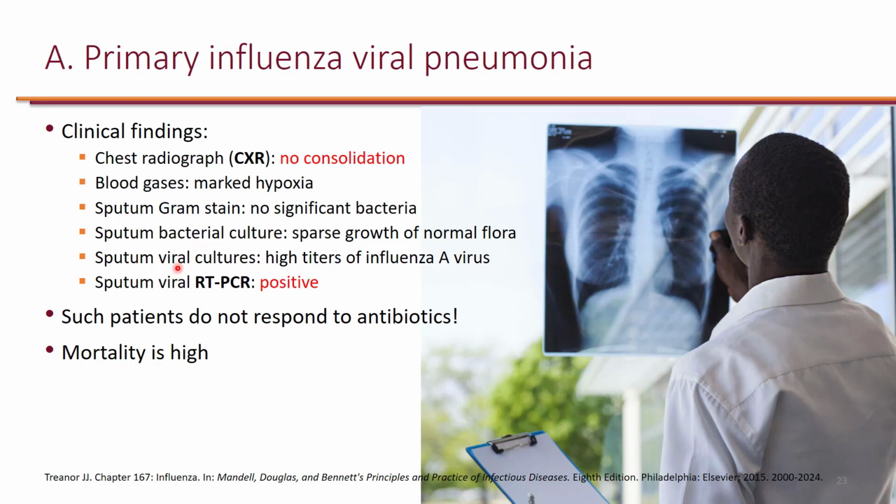Now, one thing that will diagnose viral pneumonia for sure: if on the sputum sample we do a reverse transcription PCR, if the PCR is positive, that actually confirms viral influenza pneumonia. Now, these patients, of course, will not respond to antibiotics because it's a viral infection. However, because it's pneumonia, mortality is high.